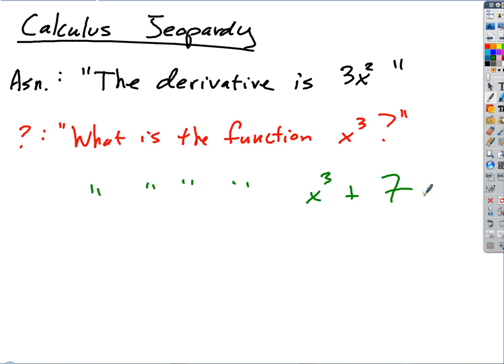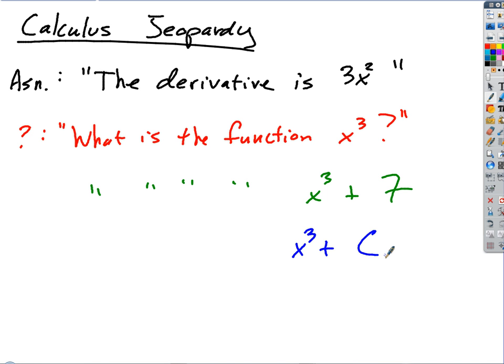To capture all those possibilities, we could say something like this: x cubed plus c, where c just stands for some as yet undetermined constant. In fact, we could say it's an indeterminate constant. Okay. Now, what we just did there, that's called an antiderivative. Not surprisingly, because it's sort of the antagonist of the differentiation process.